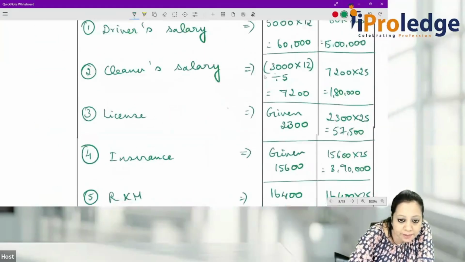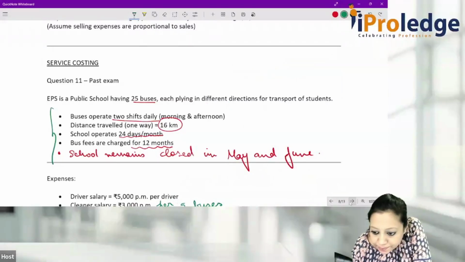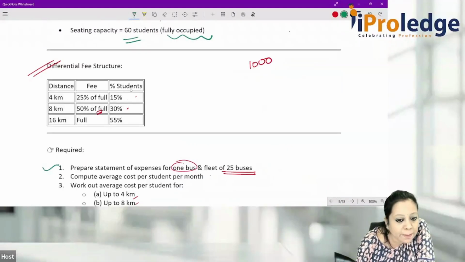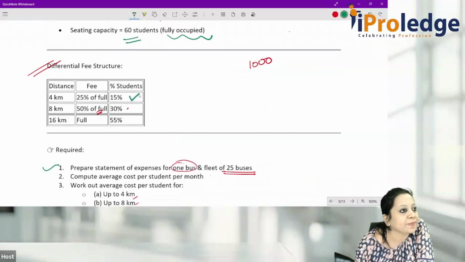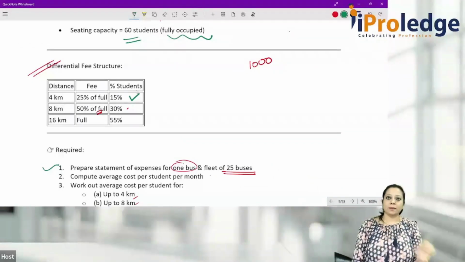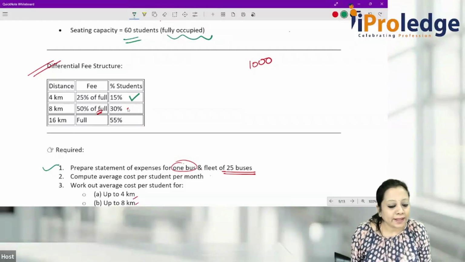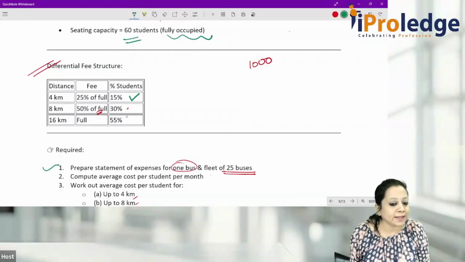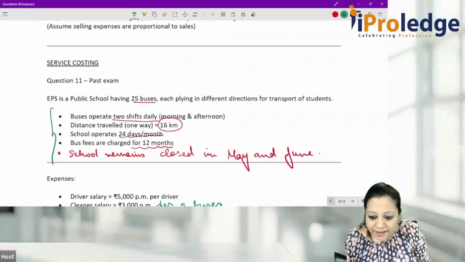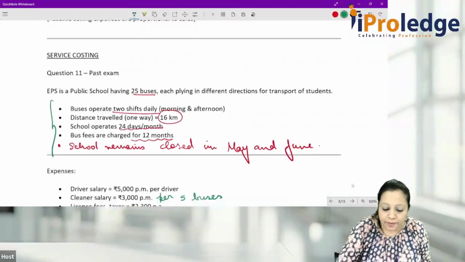How many percentage of students are using it? 15 percentage. Correct? Or 60 plus 60 students are there. How many are using it for 4 kilometers radius? It is going to be 15. For the next 8 kilometers radius, 30. And so on. So let me write like this.